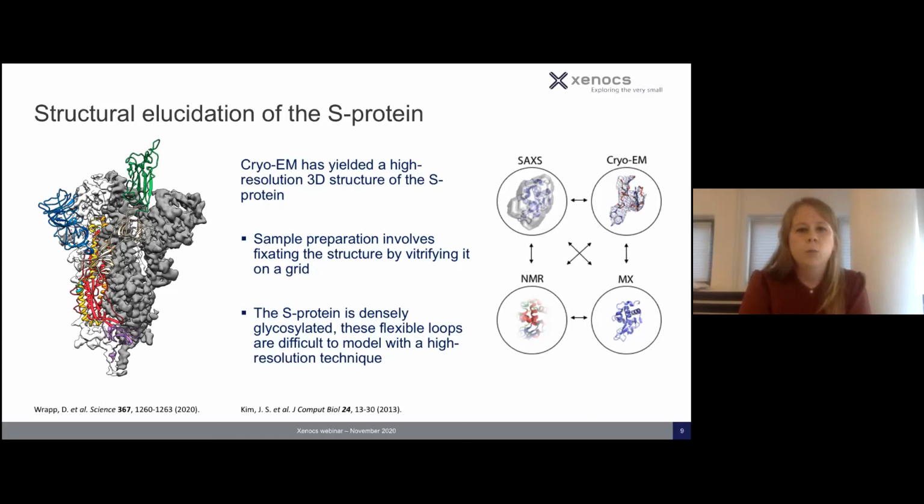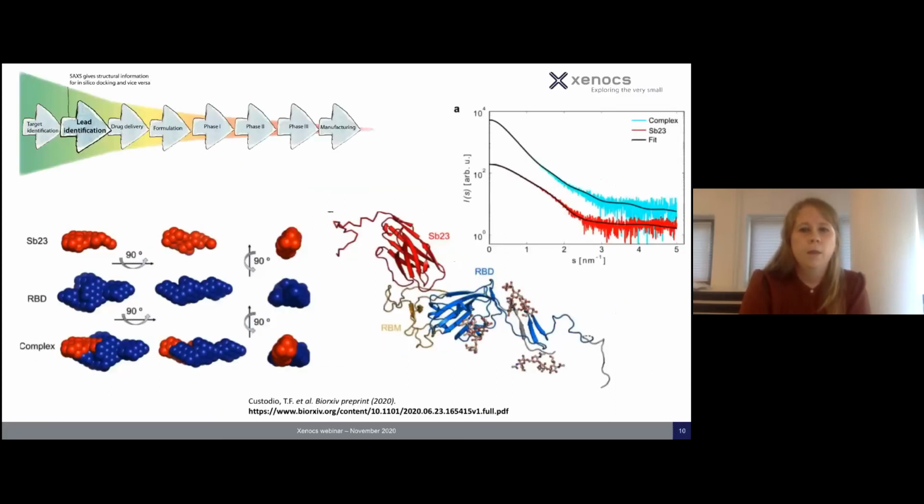Secondly, this S protein is densely glycosylated, and these flexible loops, which are very important for its function, are easily modeled with a low resolution technique such as SAXS. So now we've seen one of the targets, the spike protein. Let's have a look at possible leads. So this is an example that is recently published in preprint.